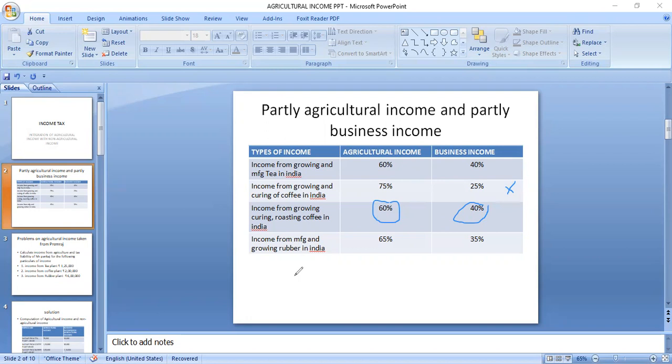Remember 60-40 for both income from tea and income from coffee, whereas 65-35 for income from rubber in India. Right, got it. So you should be very clear. Don't scratch your head. They will not ask you all the minute, nitty-gritty details. They may only ask you income from coffee in India, so you have to take 60 and 40, not 75 and 25. Right.